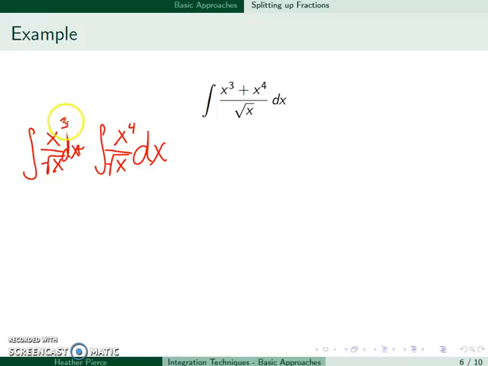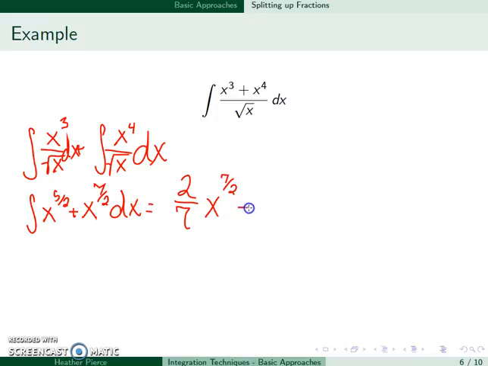So this is 3 minus 1/2, which is 5 over 2. 4 minus 1/2 is 7 over 2. So I'm going to add 1 to the exponent and then divide by that number. And the same thing for the second term. Add 1 to the exponent and then divide by that number. And so we have our integral.